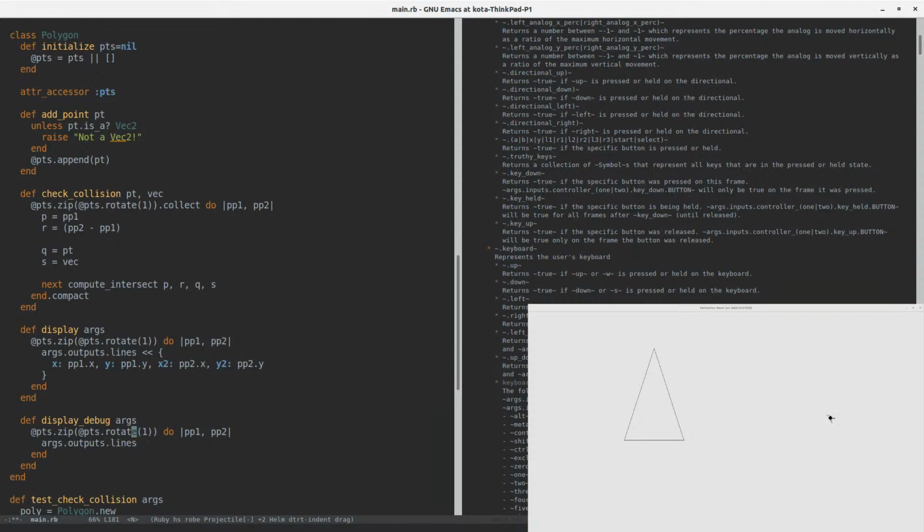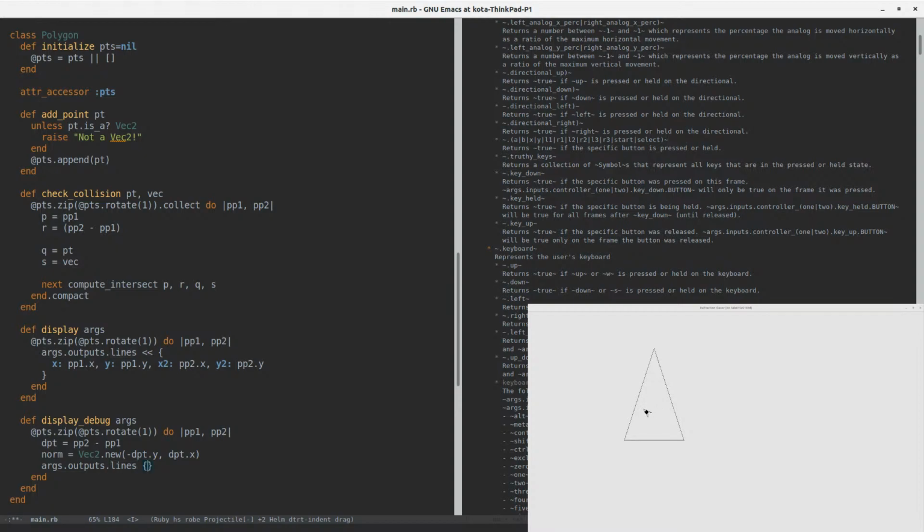So we'll do our normals. Why don't we say our difference in points, d, equals p2 minus p1, and our normal becomes vec2.new of d.y, negated, and d.x. That's our new normal vector.